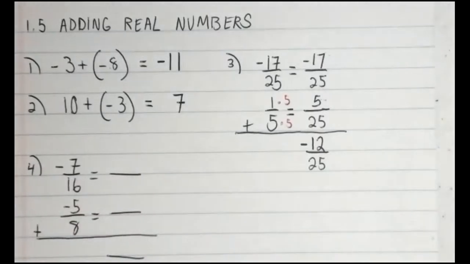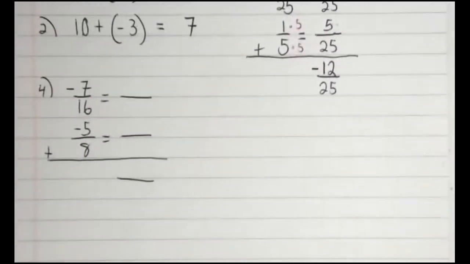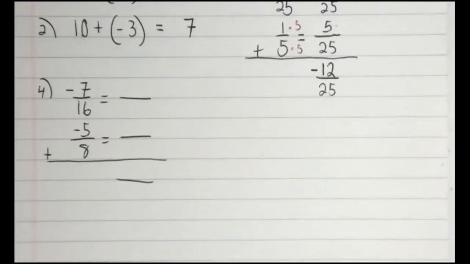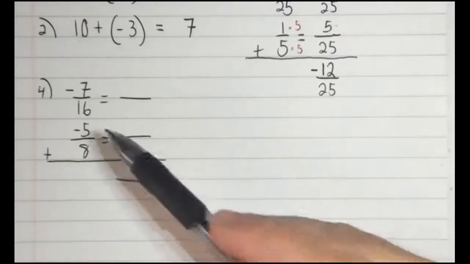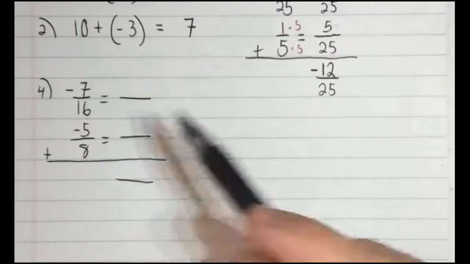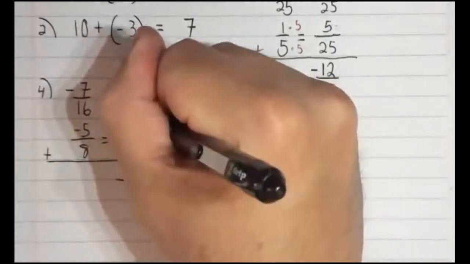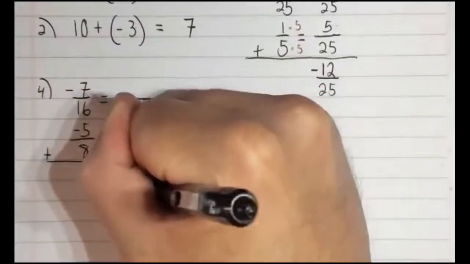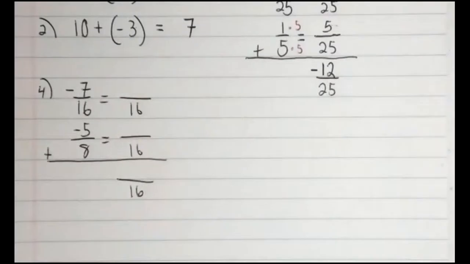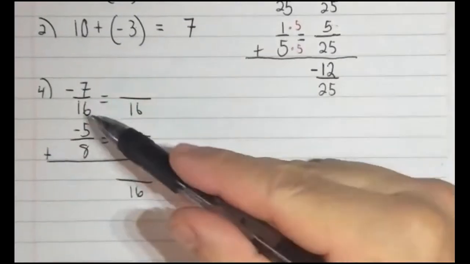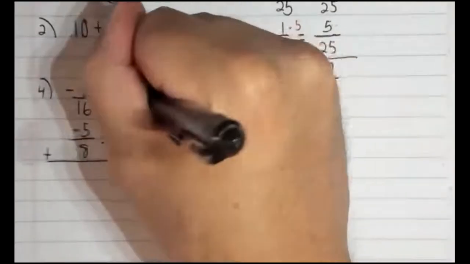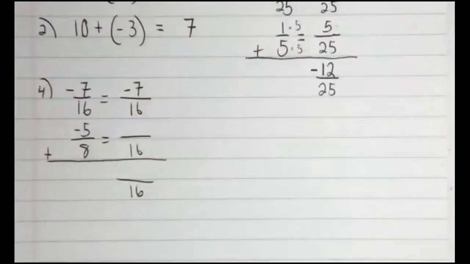Okay, so the first thing we want to do before we really worry about these positive or negative signs is come up with our LCD. We got 16 and 8. So our LCD is going to be 16 because 8 will go into 16. I'm not going to have to do anything up here because I'm not changing it. So I just got to move the negative 7 over. How is that 8 going to turn into 16?